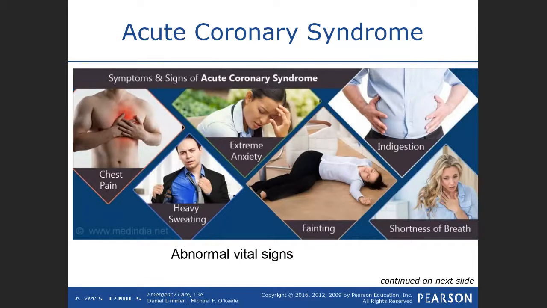Extreme anxiety, or something some people may refer to as an impending sense of doom. Please don't think I'm being overdramatic, but when you have a person who looks like they might be having a myocardial infarction, acute coronary syndrome, heart attack, and their risk factors, which we talked about in CPR, suggest that they may have an acute coronary syndrome, and they tell you, I feel like I'm going to die.